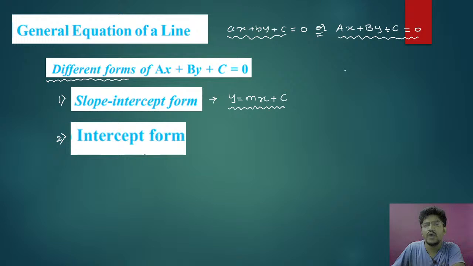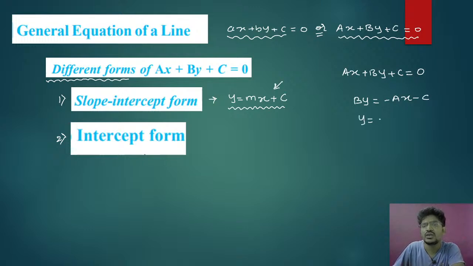Now I have to convert this ax plus by plus c equal to 0 to y equal to mx plus c. So to convert this to y equal to mx plus c, I have to write it in the form of by equal to minus ax minus c.